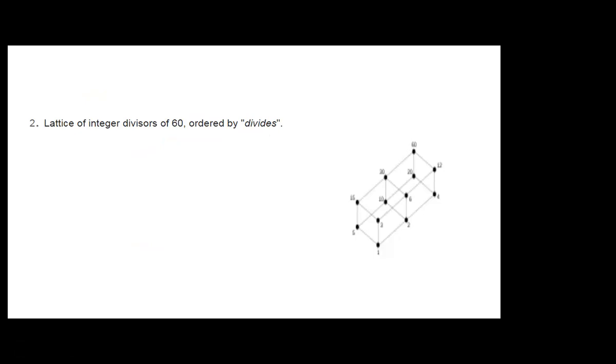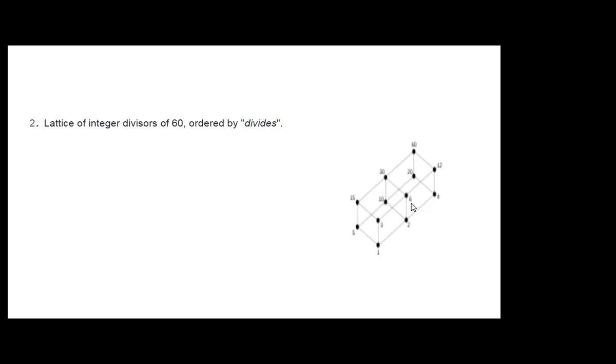Those which divide 60. Okay. Then how is this there? 1. It goes from 1 to 2, 1 to 6, and 1 to 3. Okay. 2, 3, 6.